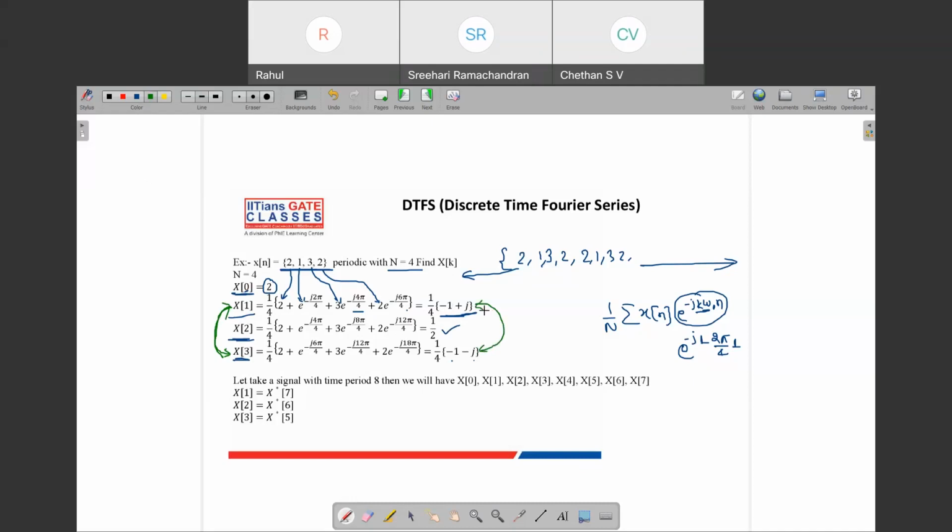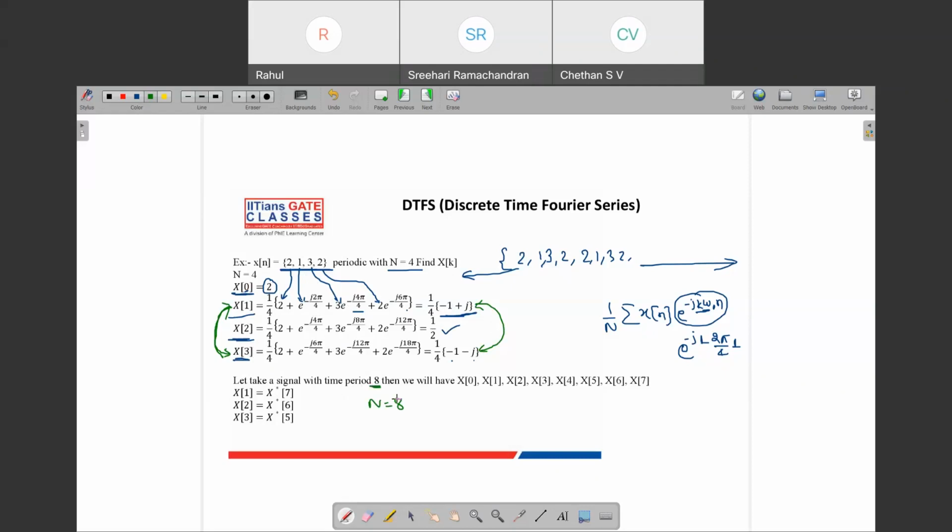Okay, here you see these two are complex conjugate numbers. So there is a special property for the discrete time Fourier series. Let's say you have a signal. I am now giving a different example to explain this property. So let's say we have a signal with period N equal to 8.